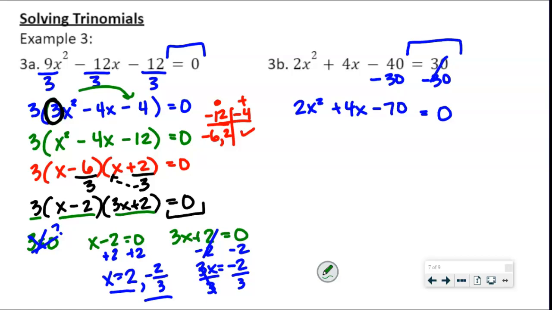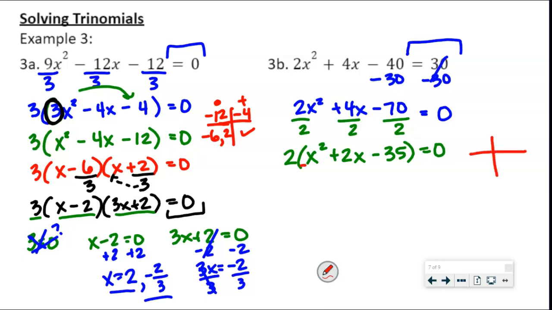What is the greatest common factor between our three values here? 2. So I'm going to divide everything by 2, right? So I've got 2, then 2 divided by 2 is 1, so just x squared. 4 divided by 2 is 2, and negative 70 divided by 2, negative 35. Now we can continue solving by factoring. Notice how a is 1, so we can just go straight to the table.